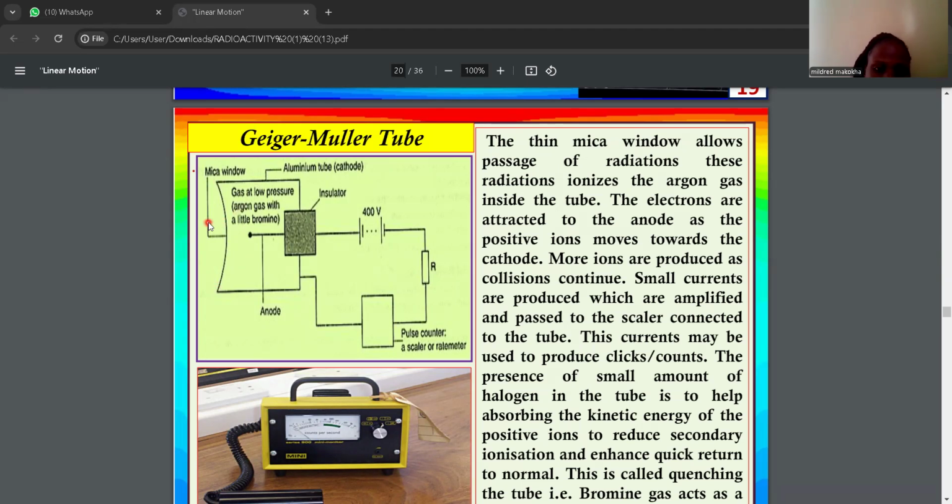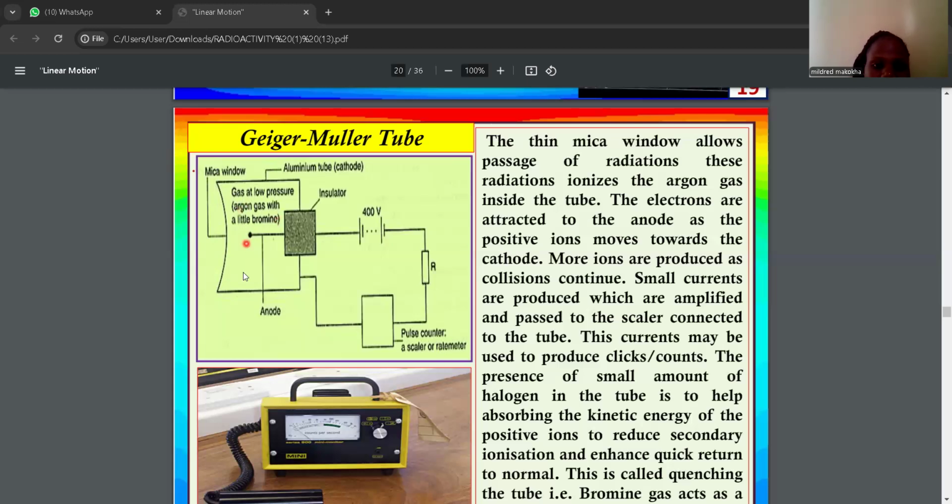Thin, because the radioactive substance is normally placed at this point so that when it releases the radiations, they penetrate through the Mica window. In case this window is made to be thick, it will block some of the radiations. So to ensure that the radiations pass through very fast, it is required that this window should be thin.